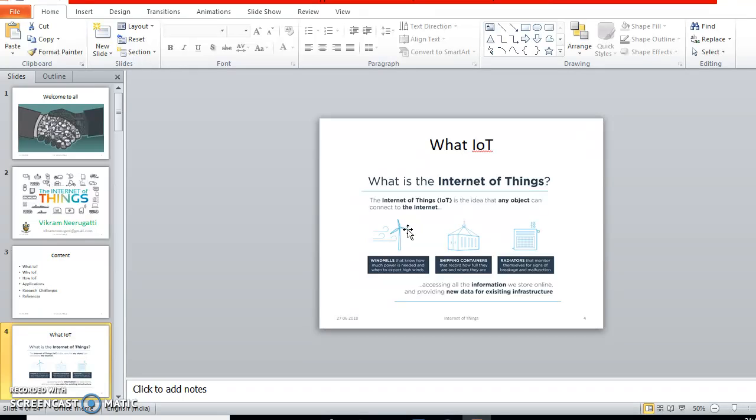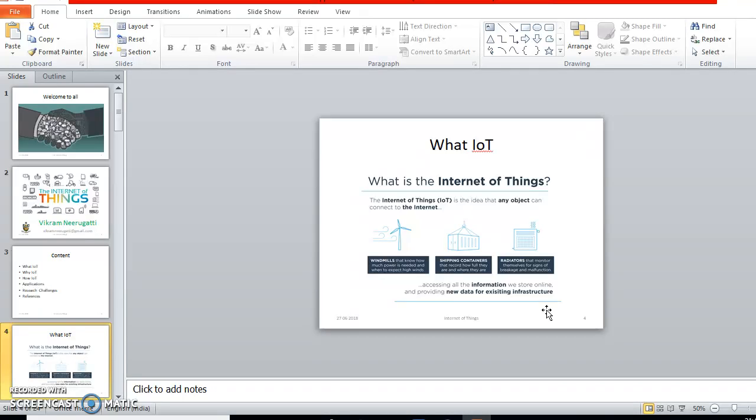Once we connect the thing to the internet, we can access information from that particular thing, and we can store it online, in the sense of some cloud. Once the data is stored in the cloud, we can process that information, aggregating it, and with the help of the processed data, we can take some decisions.